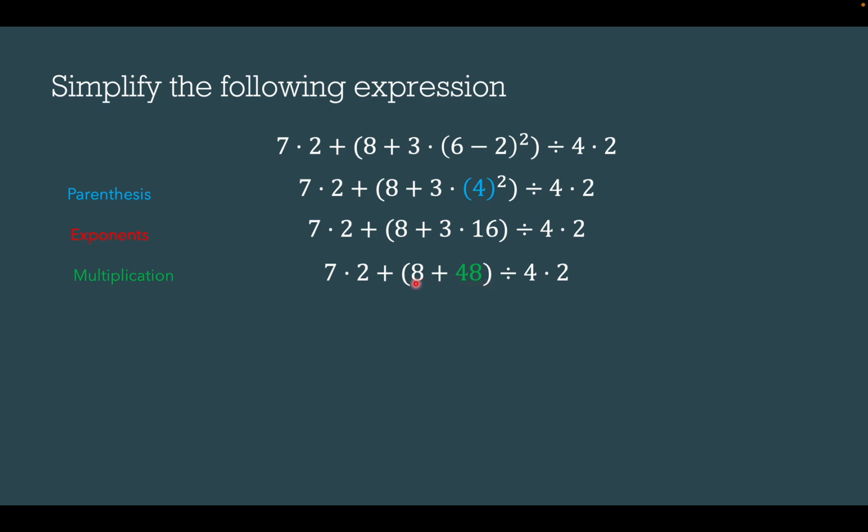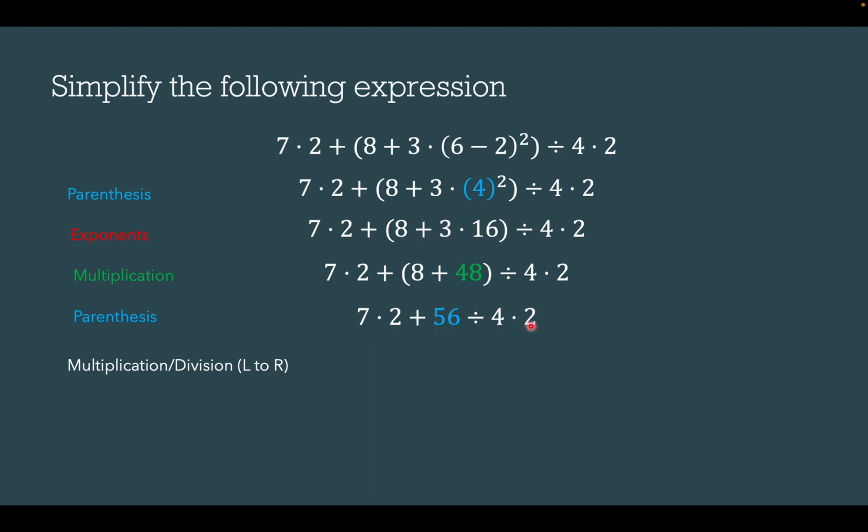Still trying to get rid of these parentheses in order. Now I can do this addition. 8 plus 48 will leave me with 56. Now we have to deal with the multiplication and division from left to right. So we're going to do this multiplication first, 7 times 2. Then we'll take care of 56 divided by 4.